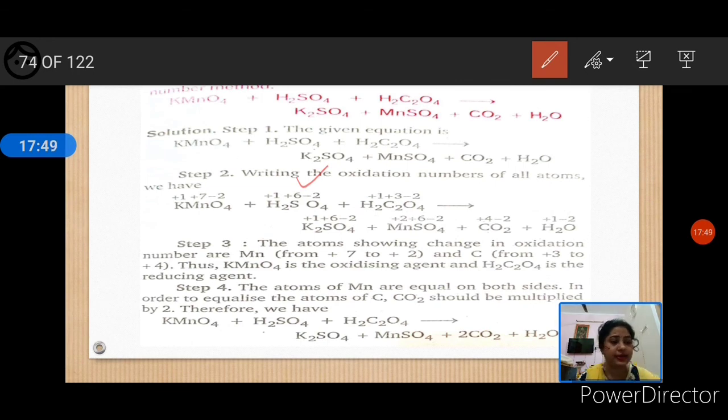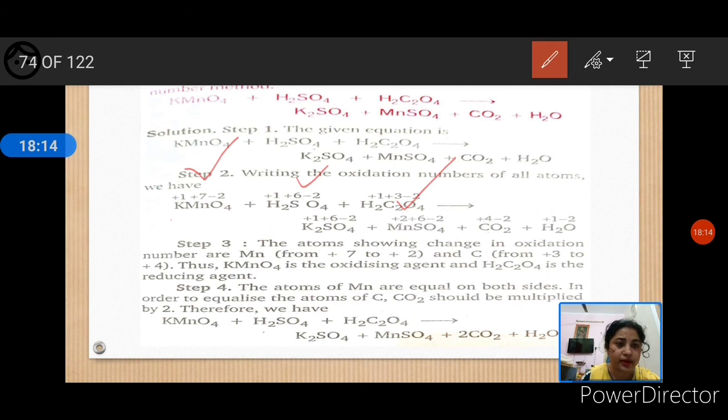Now let's see where the oxidation number is increasing or decreasing. For potassium, plus 1, plus 1. Manganese, plus 7, and here manganese is plus 2. So plus 7 to plus 2 means the oxidation number is decreasing. Oxidation number decreasing means reduction is occurring. Let's proceed.